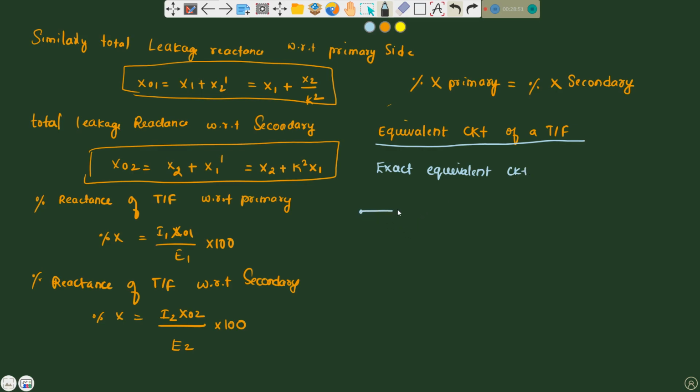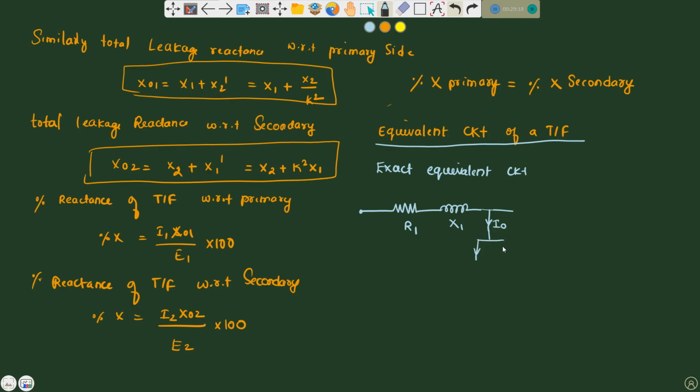So transformer, working of transformer with winding resistance R1 with leakage reactance X1, there will be a current due to no load component of current.